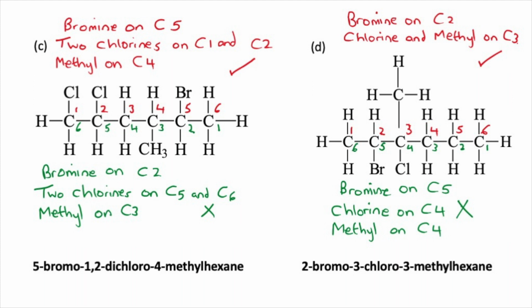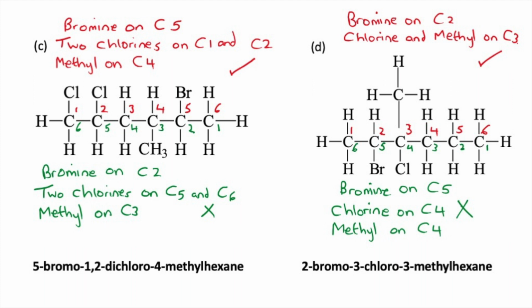And then I have to number the chain so that the substituents have the lowest possible numbers. If I number it left to right, the substituents are on carbons 1, 2, 4 and 5. And if I number it right to left, as I've done in green here, the substituents are on carbons 2, 3, 5 and 6.